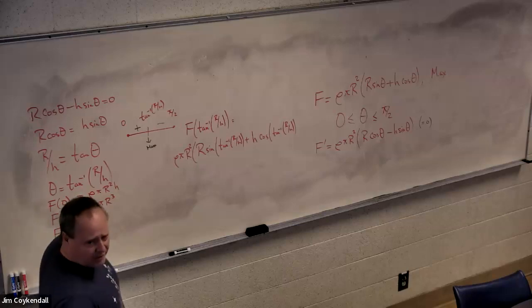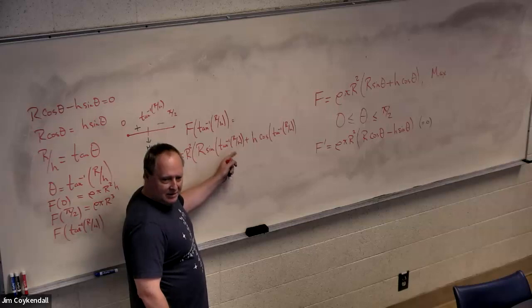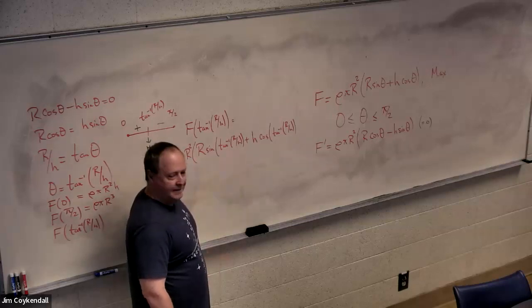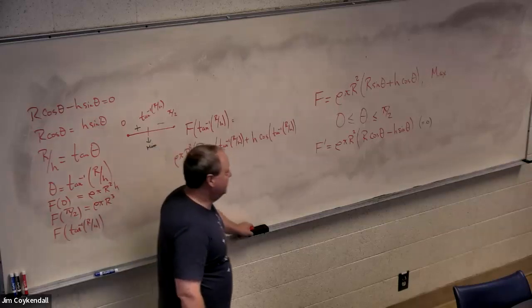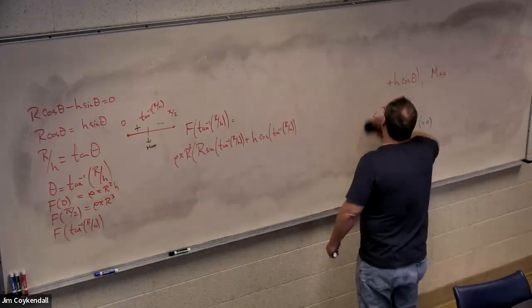Anybody know how to compute those? Sine of inverse tangent. You may have seen this, maybe, depending on how far you've gone. I don't know. I'm going to show you how to do this.